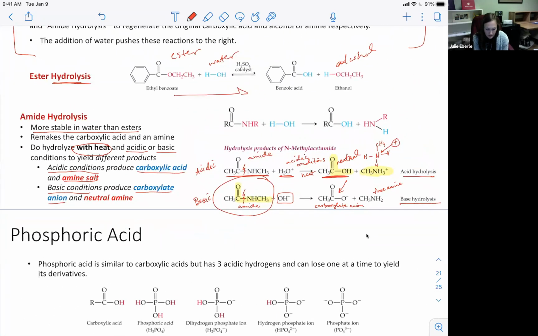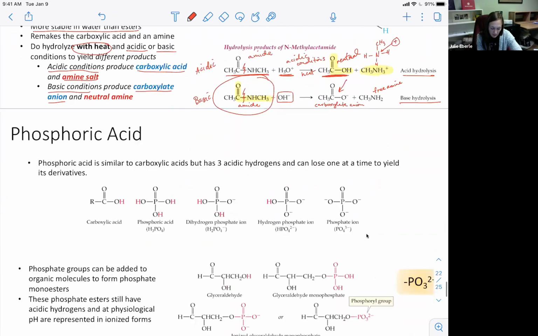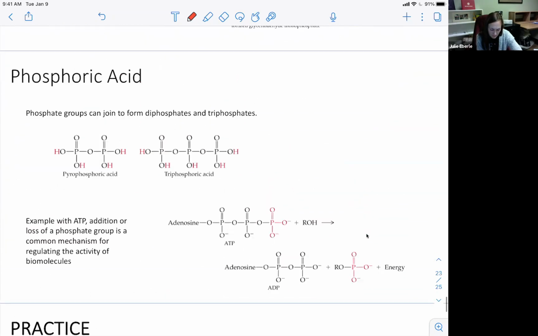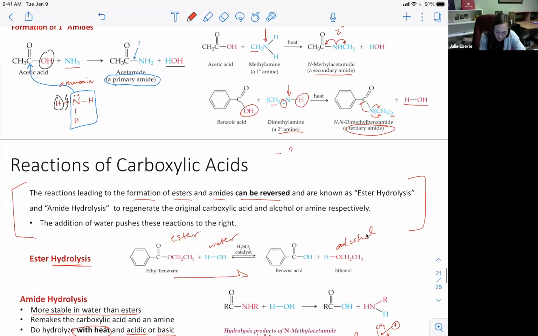Okay, that gets us through formations of esters and amides, and then the reverse of that, which is hydrolysis of esters and amides. That might be the one biggest takeaway I want you to write down. So we talked about formation of esters and amides, and then we did hydrolysis.